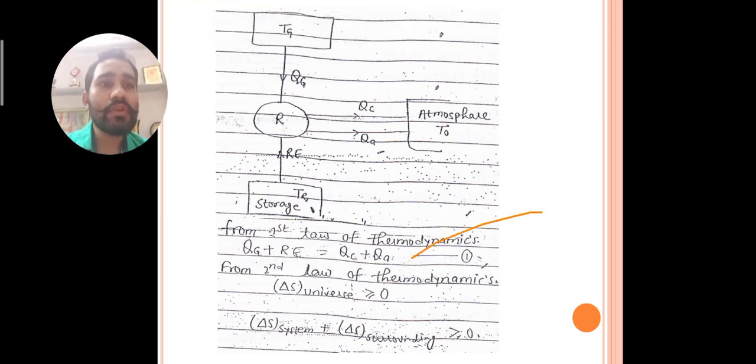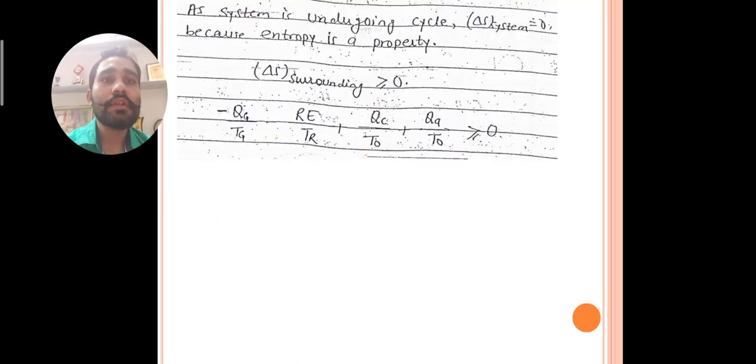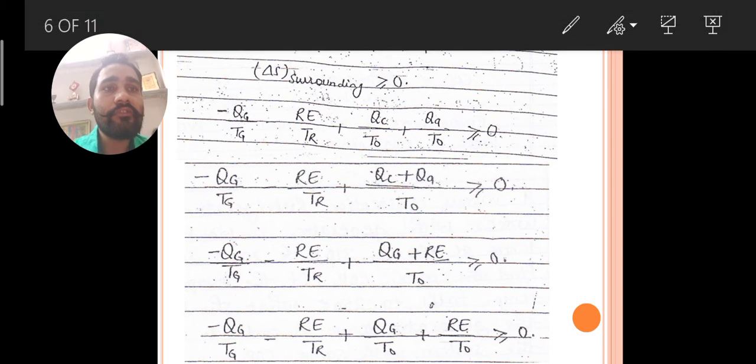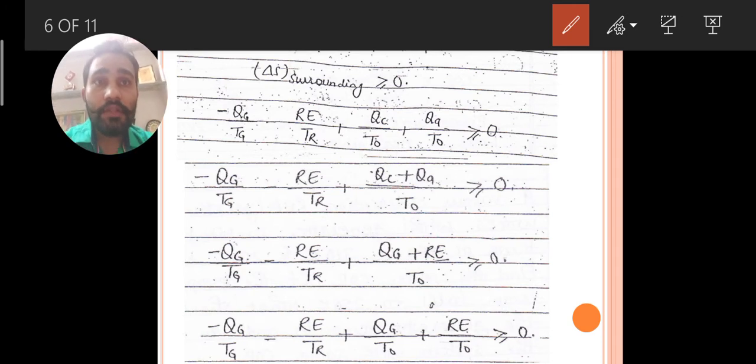Now let's move forward. It is also well known that if a system undergoes a cycle, then the delta S of the system is equal to 0. So from the last equation, what is left? Only the delta S of the surroundings, which must be greater than 0.